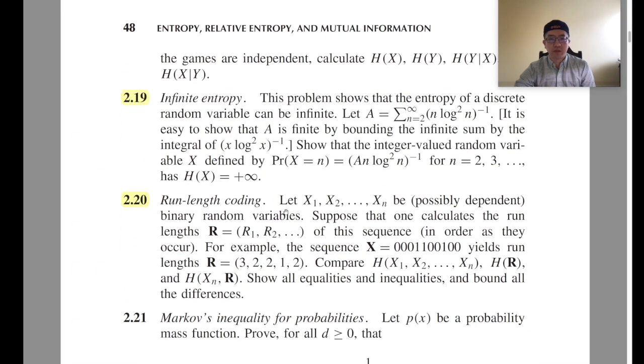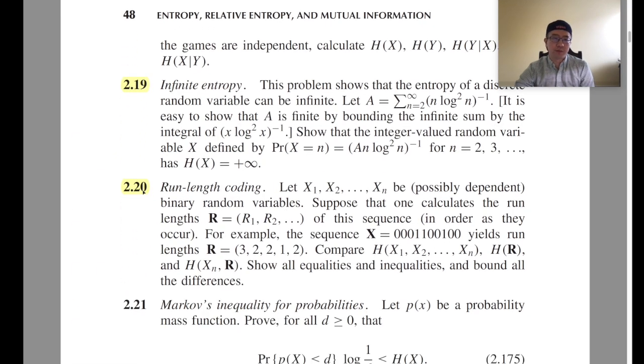Okay, so next is question number 20. It's called run length coding. That's basically a source coding approach, right? The way we do the coding is that we're going to count the number of ones and zeros. If we want to transmit that, then we're going to transmit the R, right?